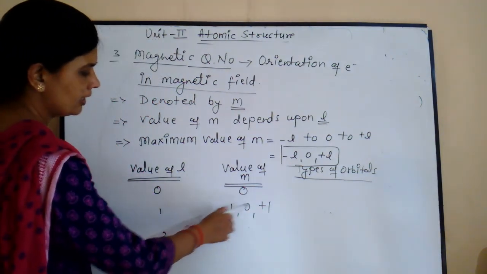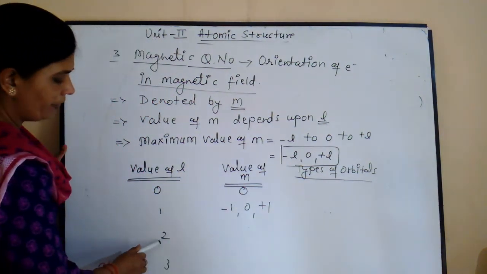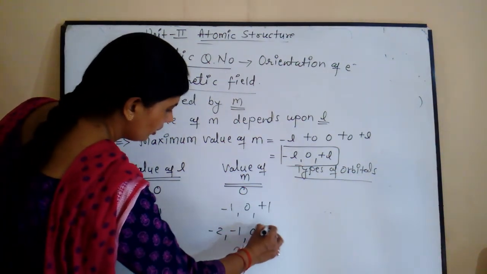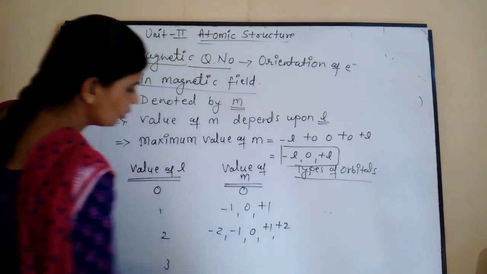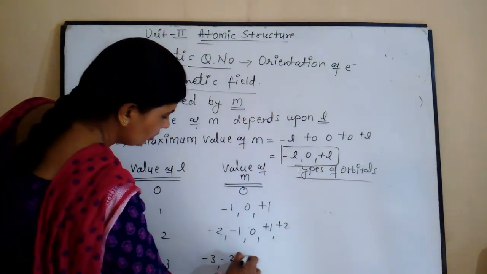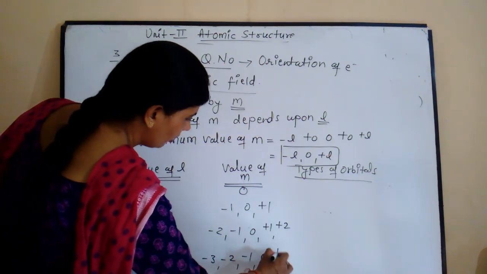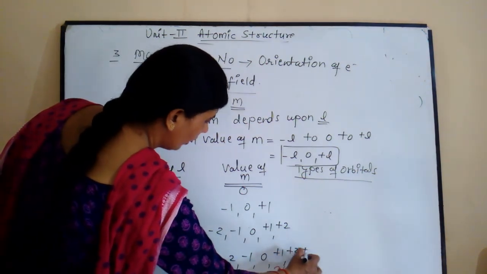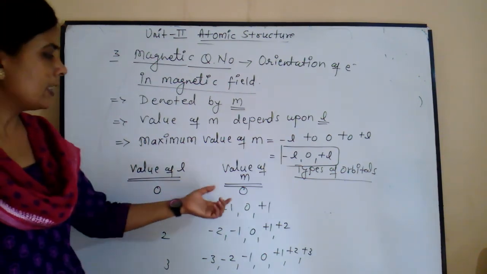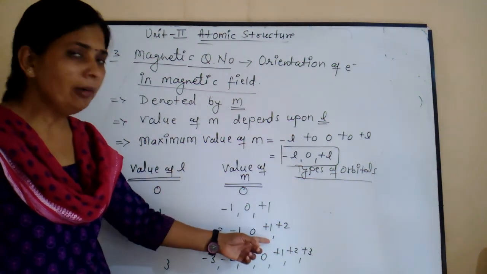If l is equal to 2: minus 2, minus 1, 0, plus 1, plus 2. Similarly for 3: minus 3, minus 2, minus 1, 0, plus 1, plus 2 and plus 3.